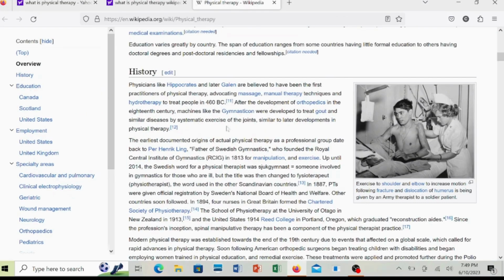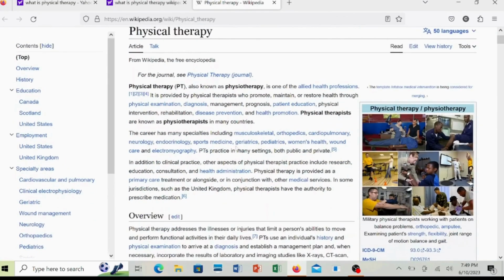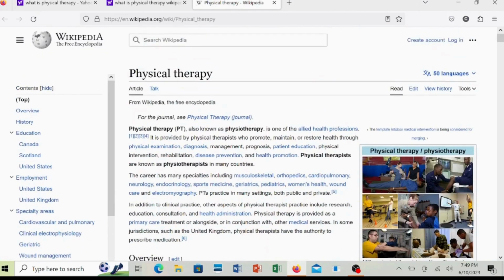So I also wanted to look at Wikipedia, since it's used so much by people to look up things that they don't know. And I just typed in, what is physical therapy? And it pulls up the physical therapy page here that I'm showing. So it says physical therapy, also known as physiotherapy, which it is around the world, is one of the allied health professions.